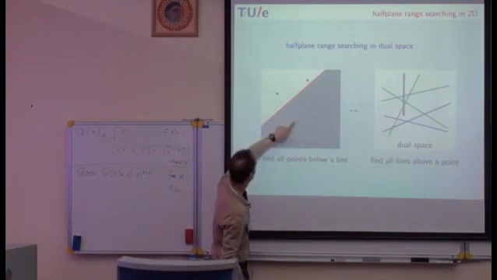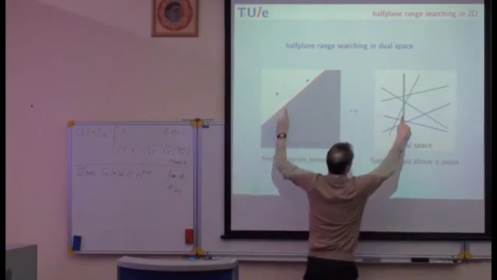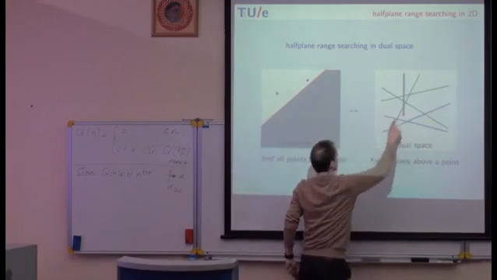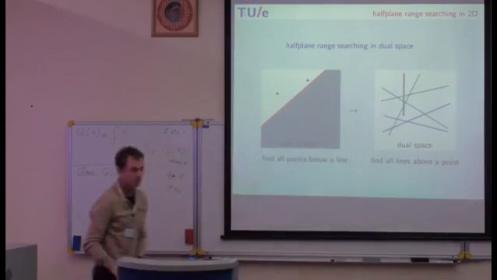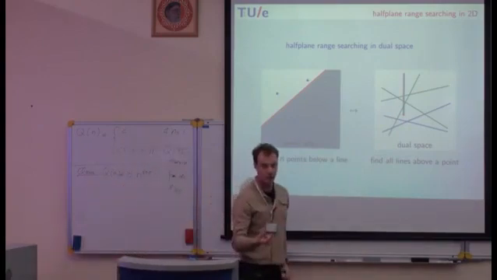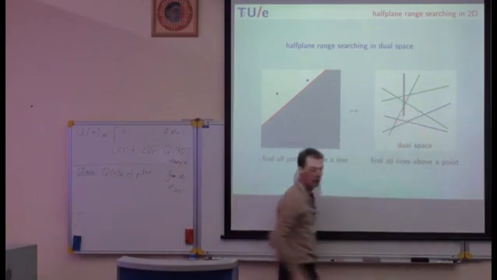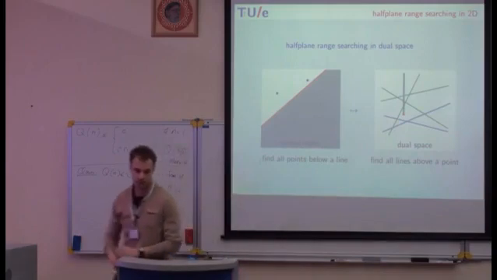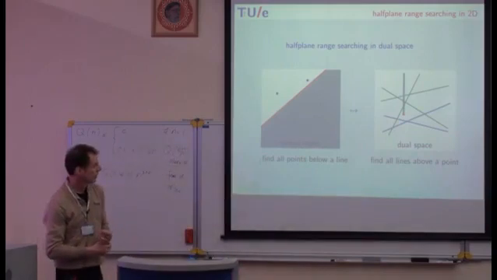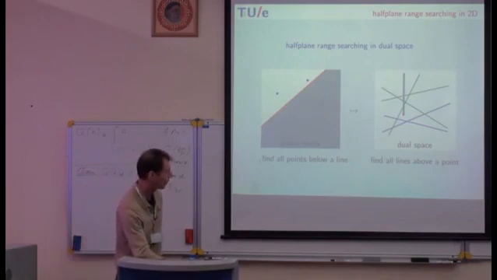Because this point is below this line, meaning that the dual of this one is below the dual of that point. Okay, so I have a set of lines, and the query now is I come with a point, and I want to, let's say, count how many lines are above this point. Okay, so let's see how we can do that.